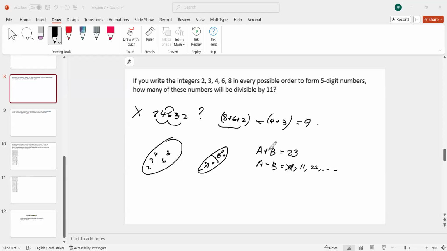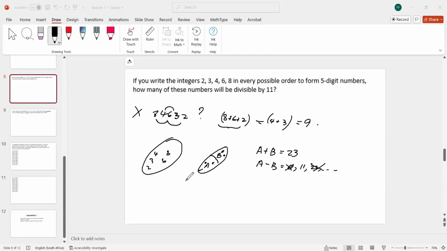If A is equal to B, then you get 2A, and 2A can't be 23. So you have to eliminate that. Likewise, you have to eliminate 22, because the difference between these two sums can hardly be 22. Look at it, you got all small numbers. How can the difference between these two be 22? That's impossible. So you have that A minus B is equal to 11.